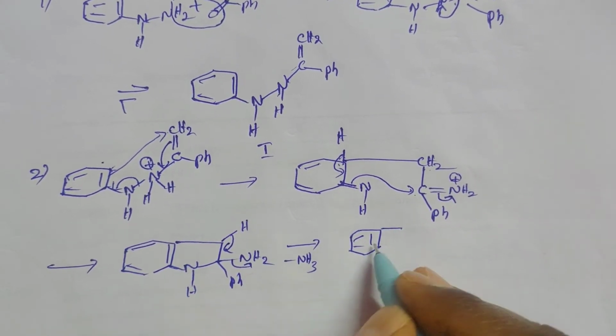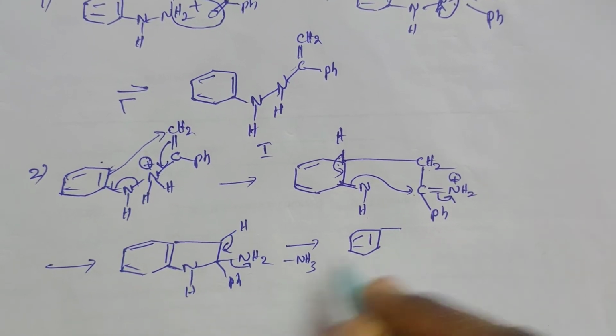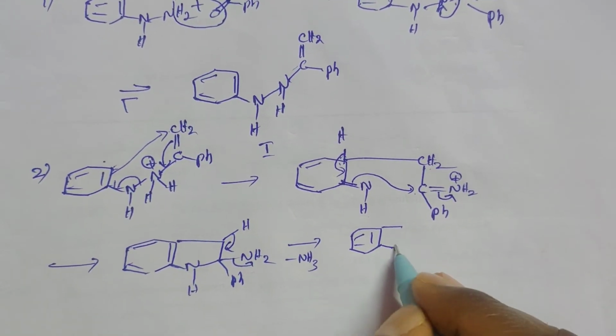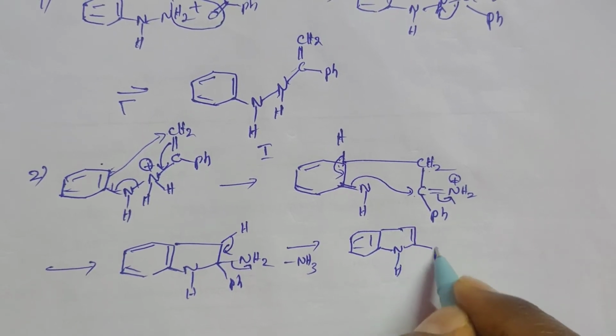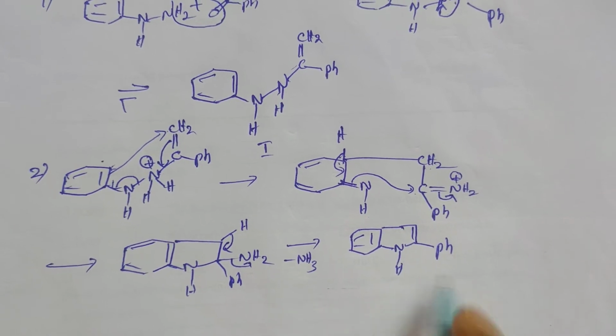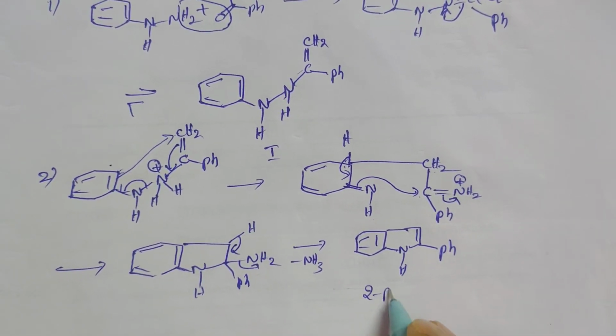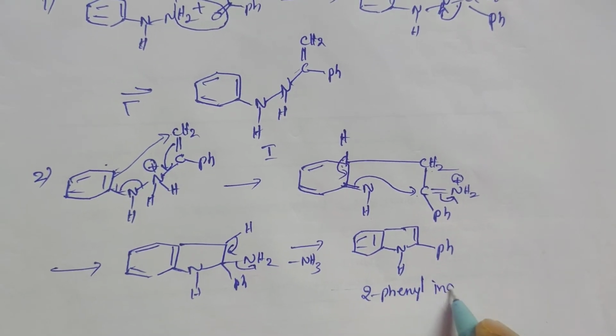We can write this as another step, but here I am writing it in the second step only. So look here, like this we get the indole product. So this is a 2-phenyl indole. So this is Fischer indole synthesis.